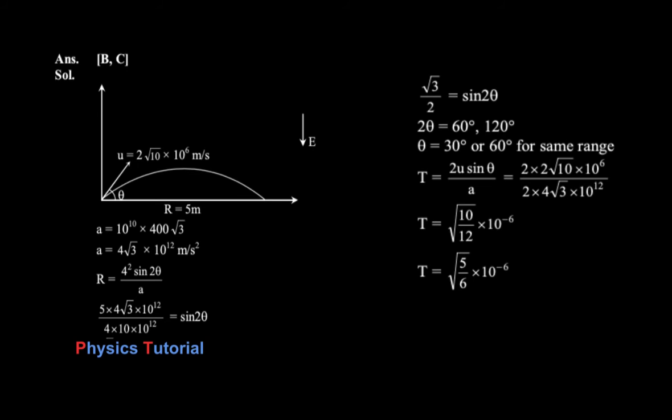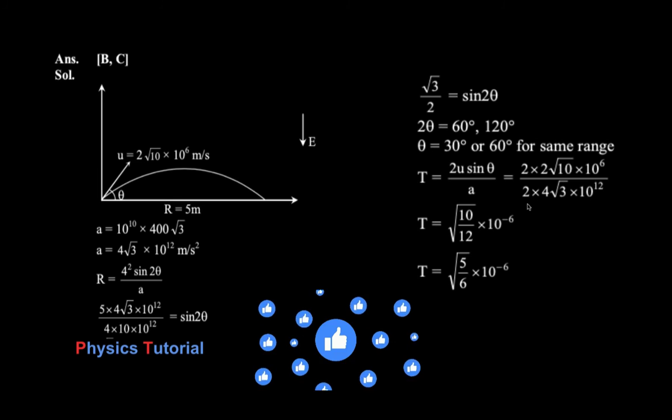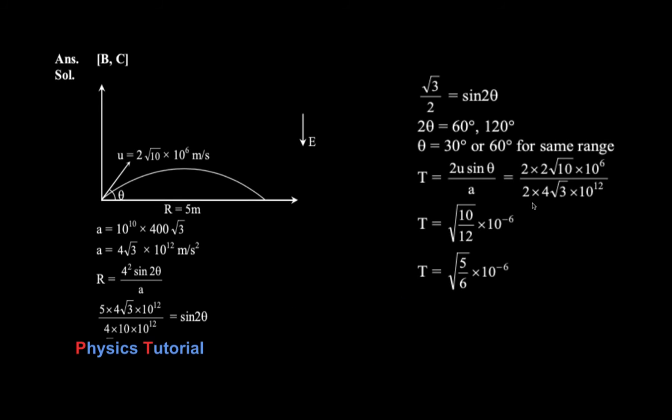Substituting these values of theta one by one, you will get the value of time of flight for the same range.